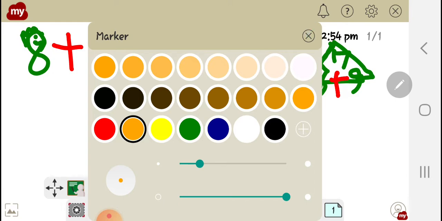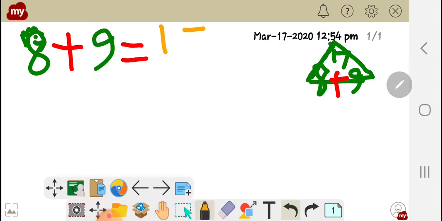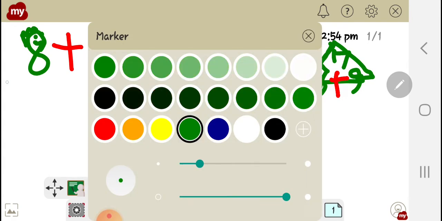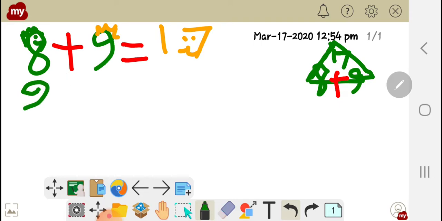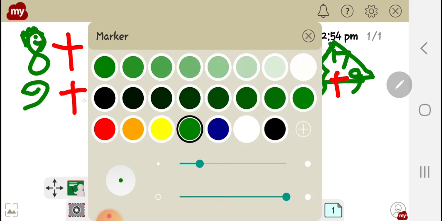Okay, 17 is the daddy or mommy as you wish. Now 8 and 9 can change their places. They are playing inside the house. They can change their rooms. Okay, so I can write it again. 9 plus 8.